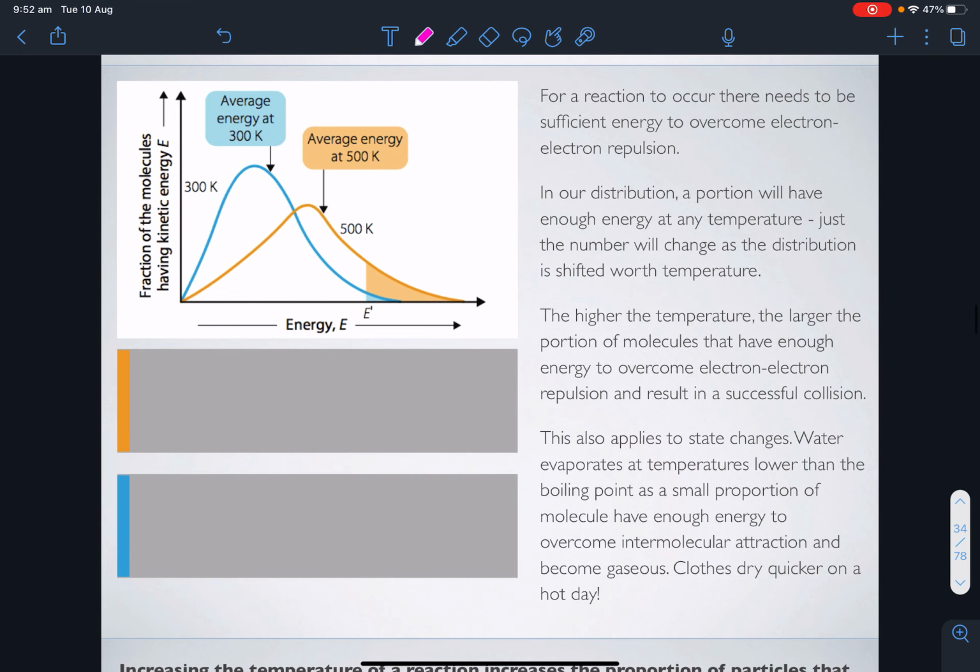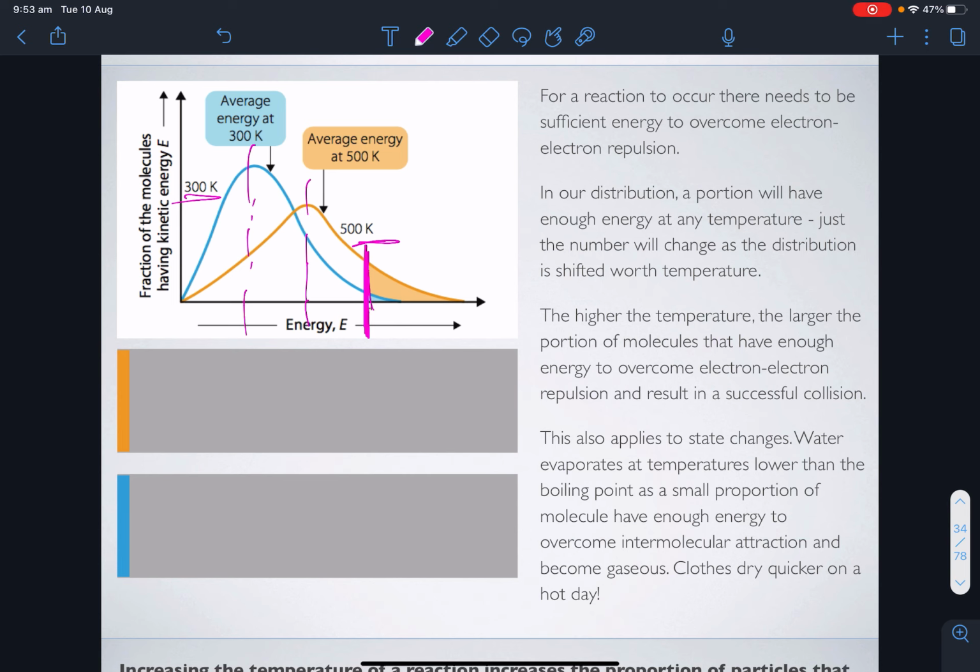Okay. So let's look at, here we've got a reaction, the same reaction, different temperature conditions, okay? So we've got the average temperature here at 300 Kelvin, and you can see the blue curve, and then we've got a 500 Kelvin, and you can see the orange curve, which is much wider. Now let's say for a successful collision to occur, you need this energy here, E, that they've marked there.